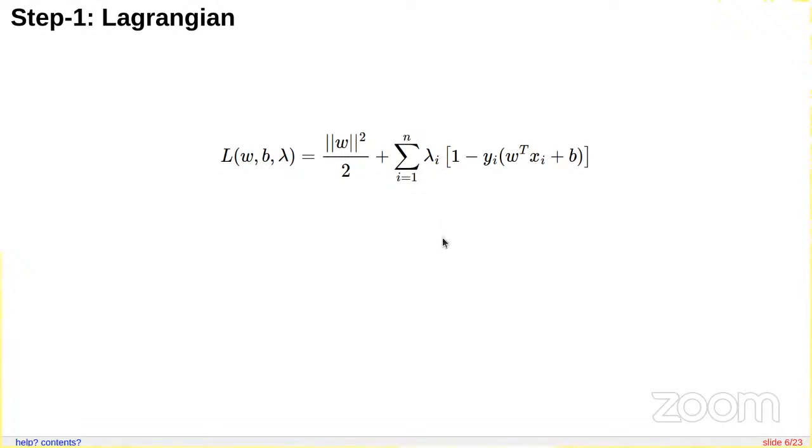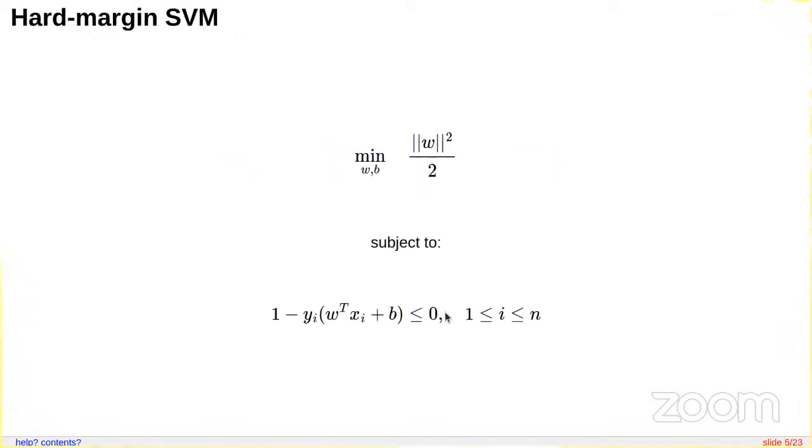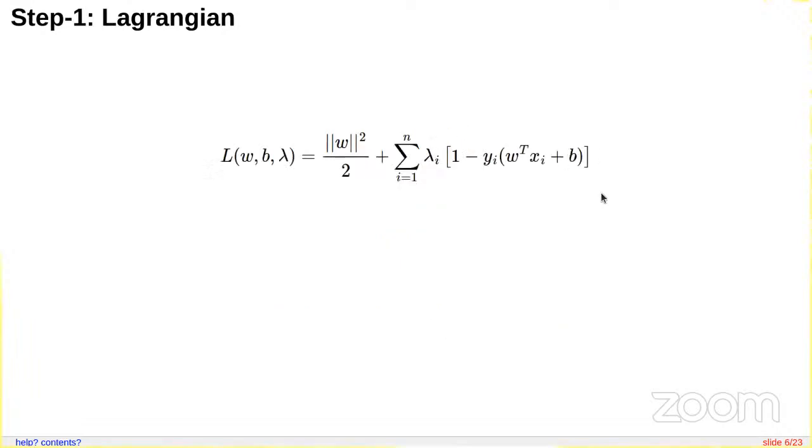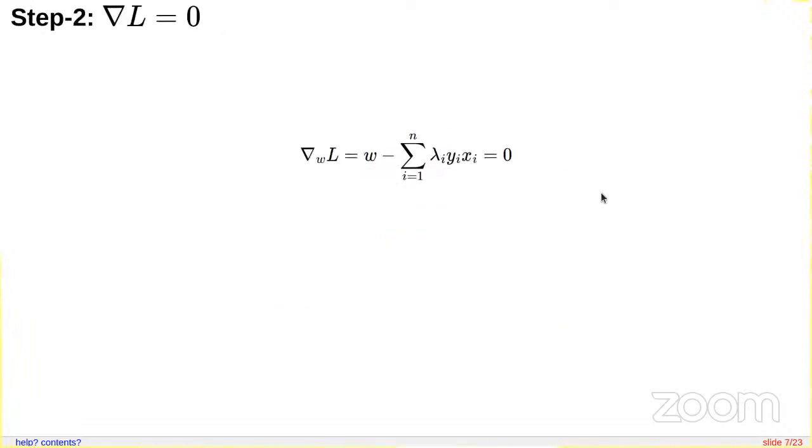Yes, sir. I have added n Lagrange multipliers, lambda 1 to lambda n, one for each data point, and this thing is the constraint, g of x less than or equal to 0. That constraint goes here. Next step is to compute the gradient of L, right, with respect to W. So we are finding the minimum over W and B in one shot, is it?